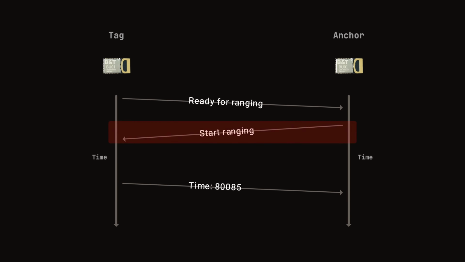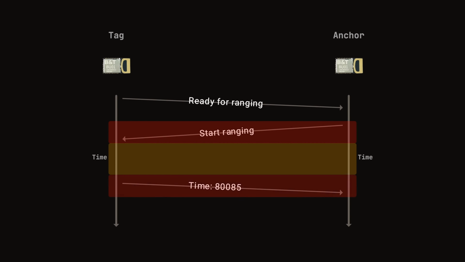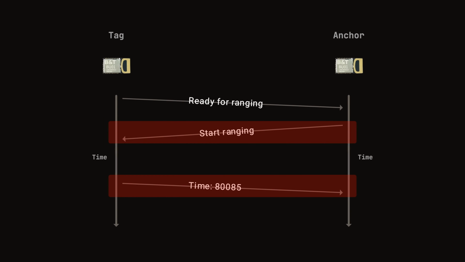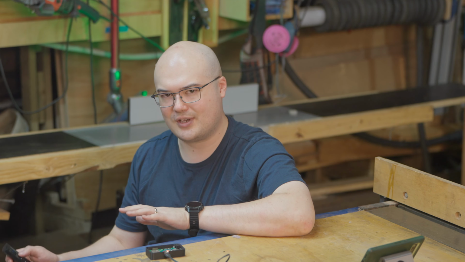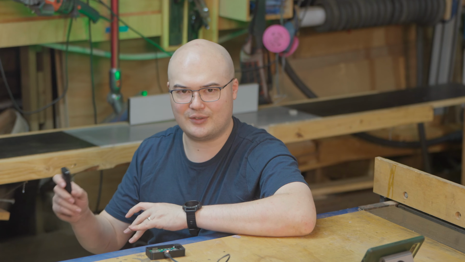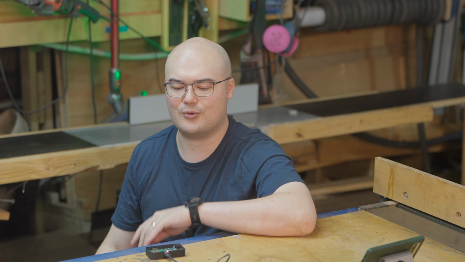Using this, the anchor can then compare how much time has passed since it started ranging, and then taking away the processing time on the tag and halving it, you can get the time of flight of light between the two radios. There is actually some extra compensation that takes this into account. It's called asymmetric two-way ranging, but this is just the basic concept. And I'll leave a link to the application note for this radio to see how it specifically works.